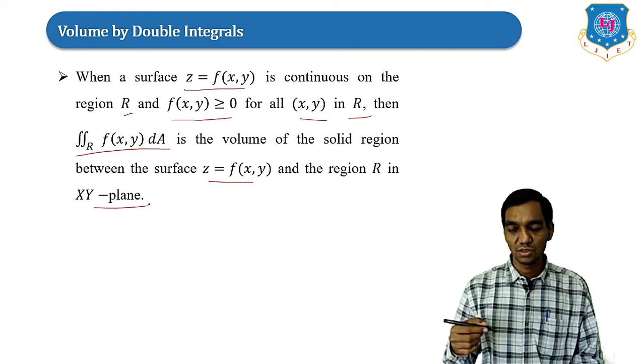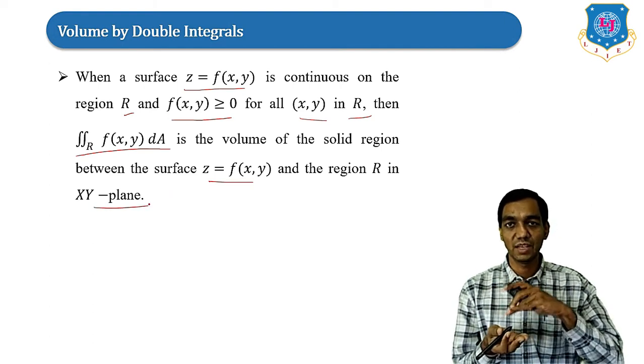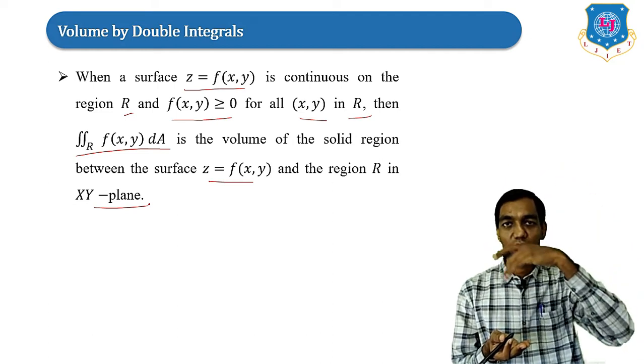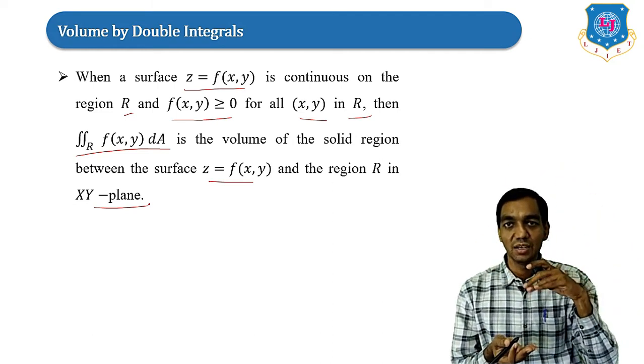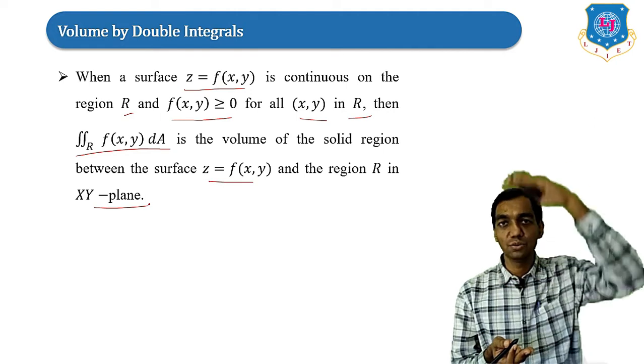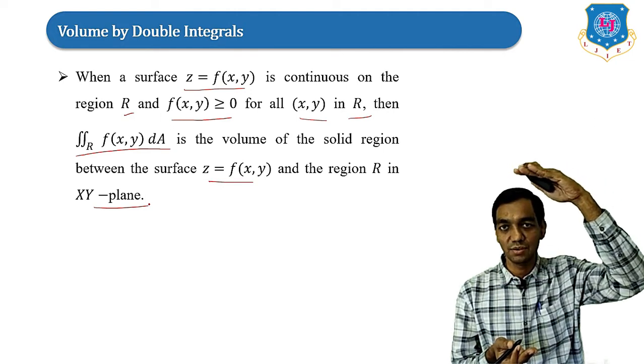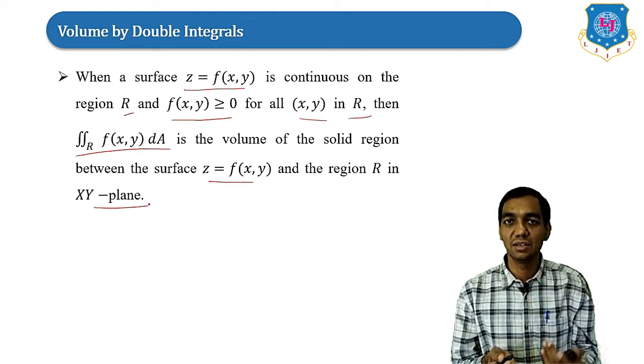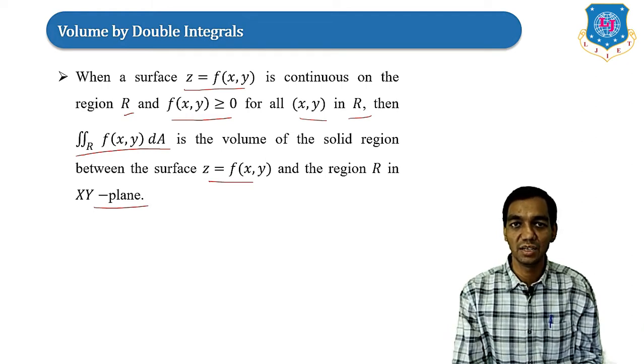That means suppose here you have the xy plane and a region in the xy plane, then from this xy plane to the surface you have, that volume is going to be obtained by this double integration.